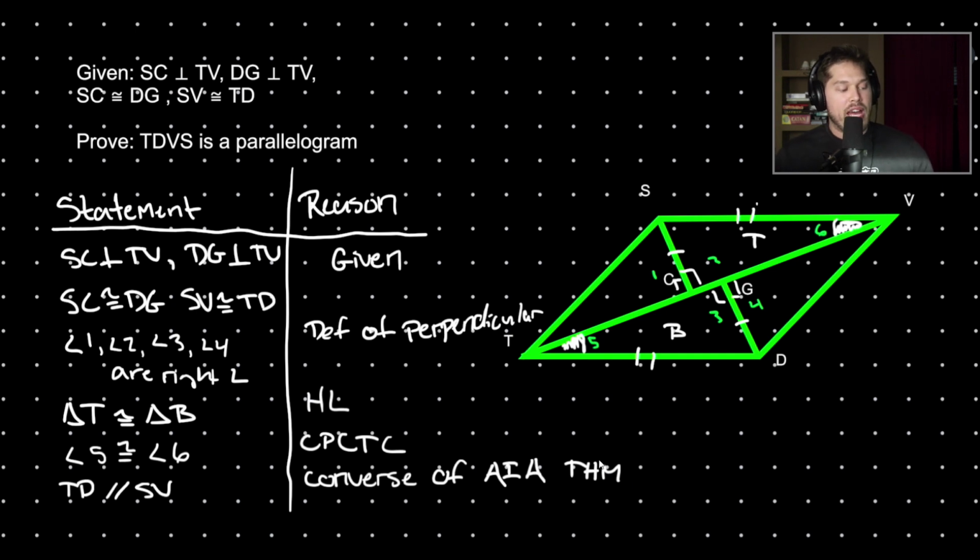And now look at what we have. We have a pair of sides of our figure, of our quadrilateral, that are both congruent and parallel.